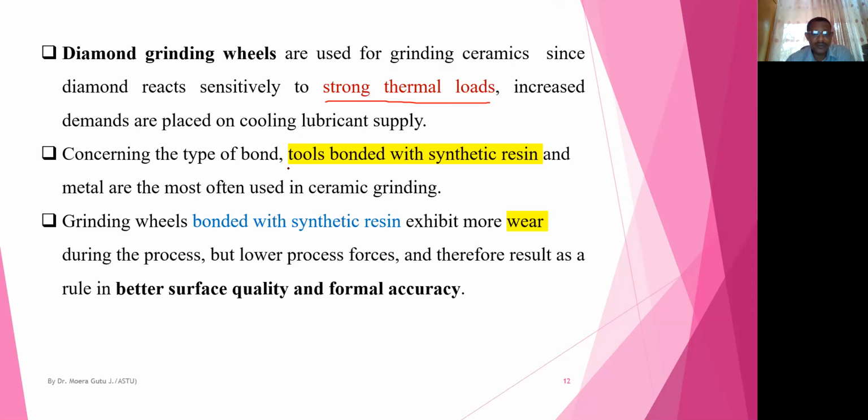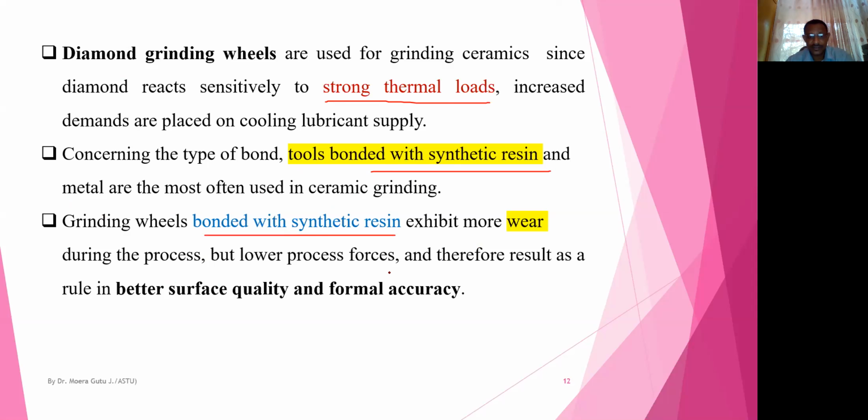Concerning the type of bond, tools bonded with synthetic resins and metallics are the most often used ceramic grinders. The diamond cutting tools should be coated ones. The grinding wheels bonded with synthetic resin exhibit more wear during the process, but lower process forces.